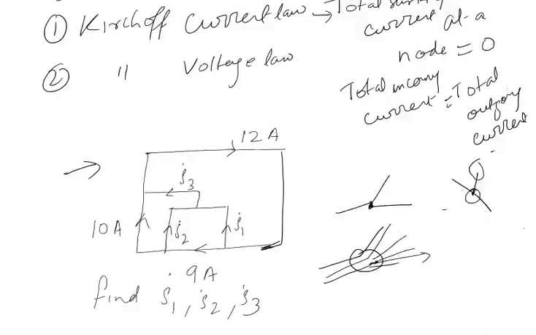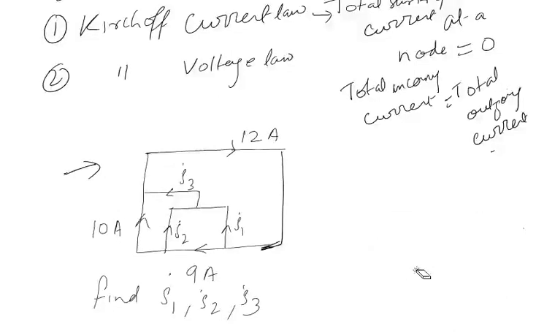Now check the diversion, from where you will have an extra path. This point is a node because there is a diversion here. Node means diversion, so there must be an extra path. But here there is no diversion, you don't have an extra path, so that's why it is not a node.